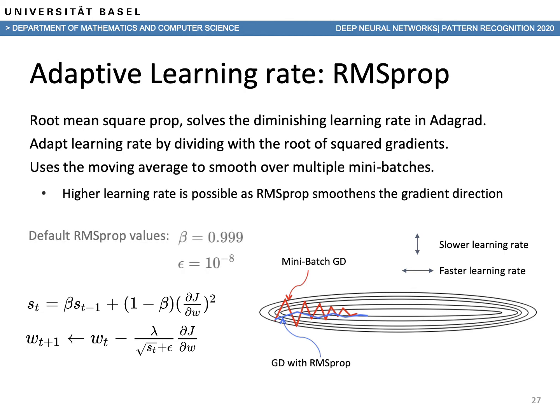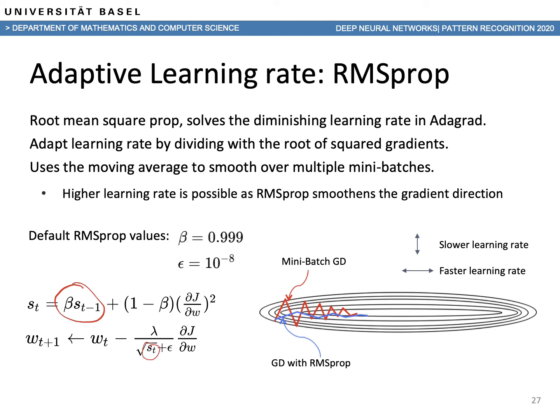And some standard values to choose here is beta 0.999. And what this means is that we are relying heavily on past values of the squared gradients, and only adapting our learning rate slightly.